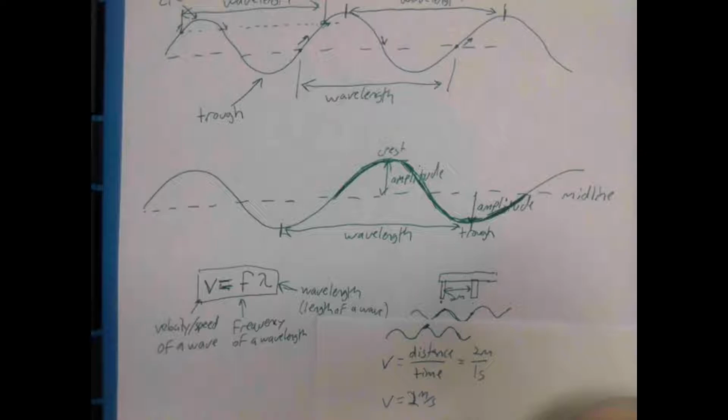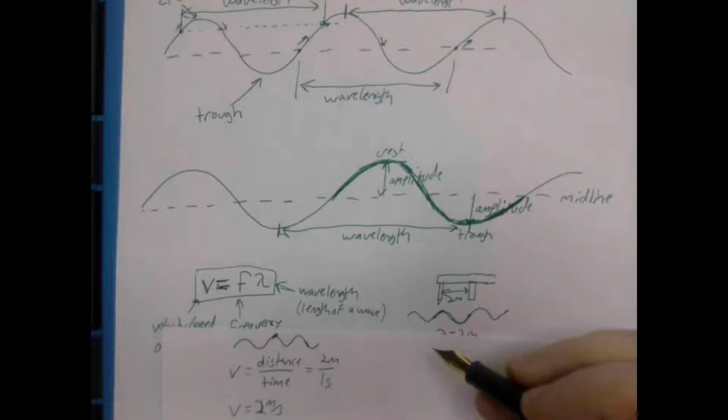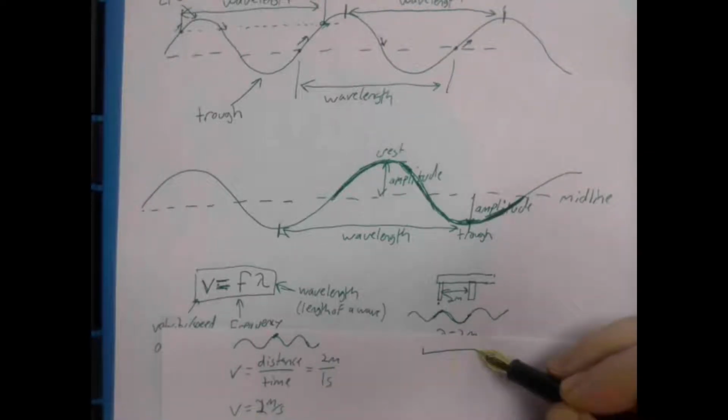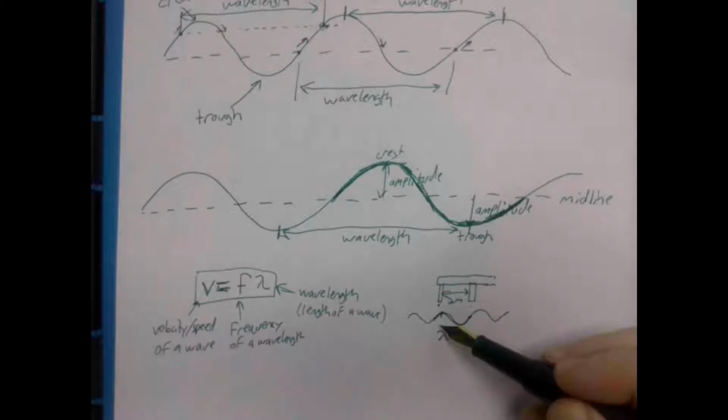Let me think of another example. So, a more useful example. Let's suppose that, again, same scenario. Let's say that you instead were watching this, and you see that this thing is going up and down about once every second.